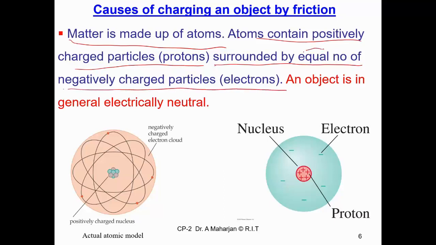So an object in general is electrically neutral. That's important here. Any object in general is electrically neutral. Why? Because it has an equal number of positive charges at the center, at the nucleus, and an equal number of negative electrons surrounding the nucleus in various orbits. From modern theory, we know that.